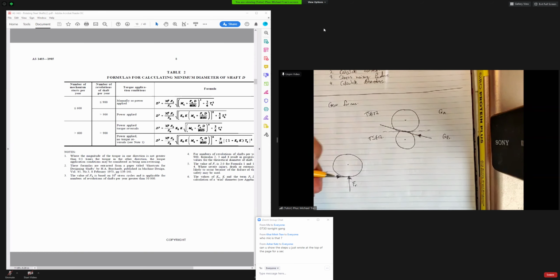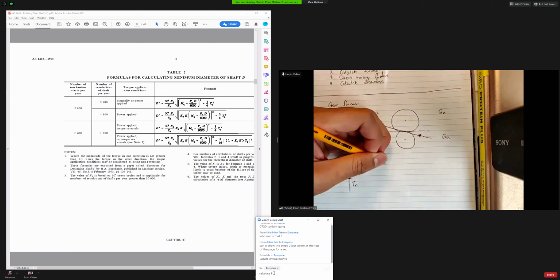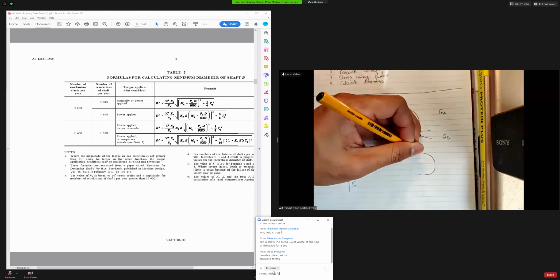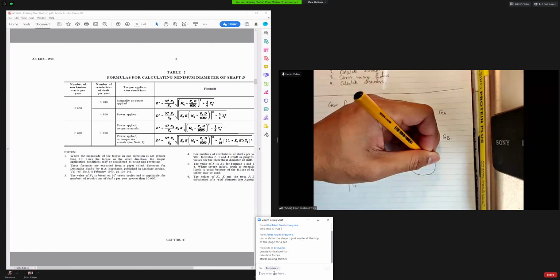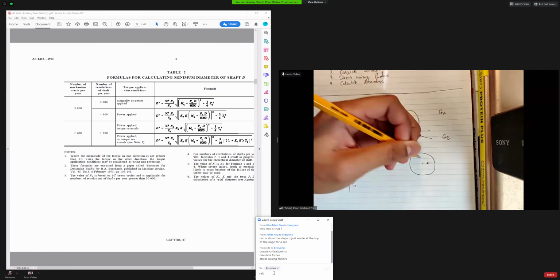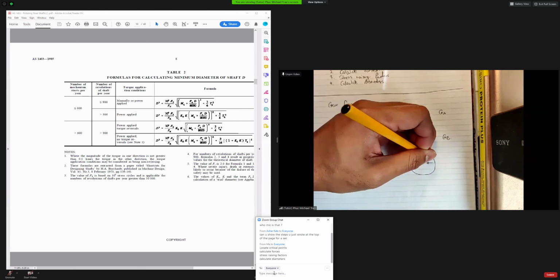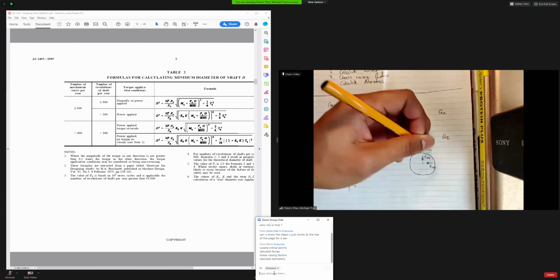And the FT and the FR are the reactions from this gear. And there's also FGW, which is the weight of the gear. And the equivalent force of that is simply FGY, FGX.